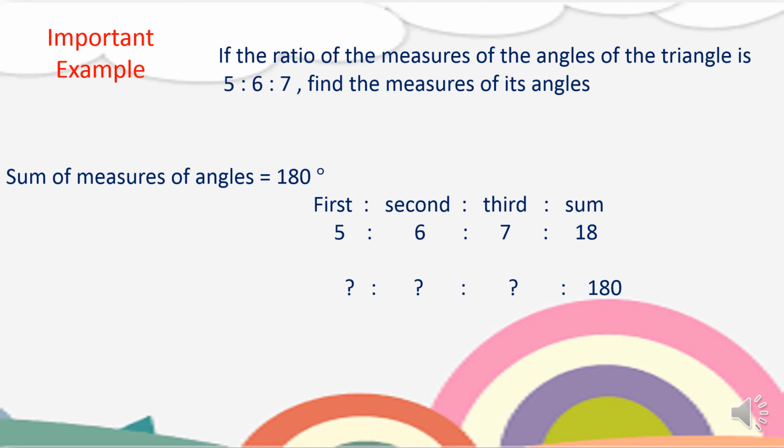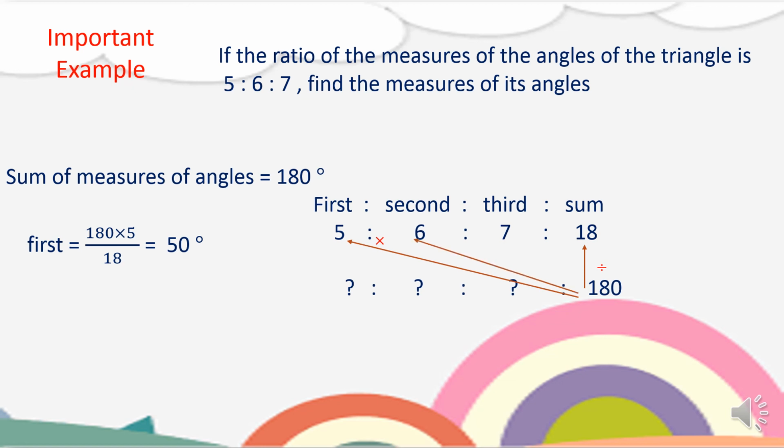Now it's easy. What do I do to get the first angle? I multiply the two numbers facing each other by crossing, 180 times 5, and divide by the third. So the first angle equals 180 times 5 over 18, equal 50 degrees.